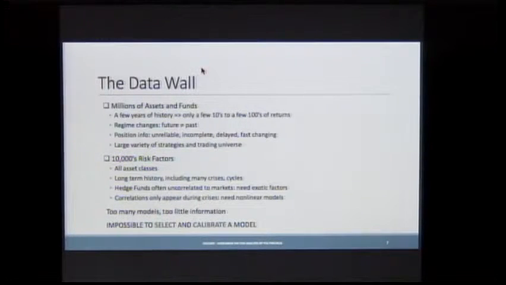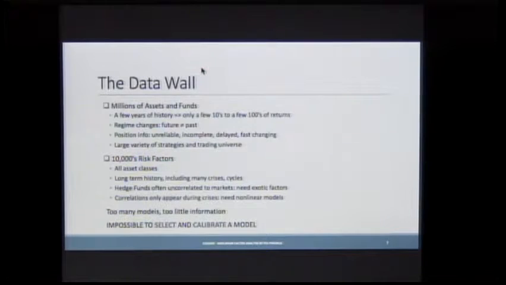So now the data wall, when you want to calibrate models, especially multi-factor models, is the fact that the range of possible models is enormous. You have lots of assets to calibrate. Each asset has a time series that is not so long usually.